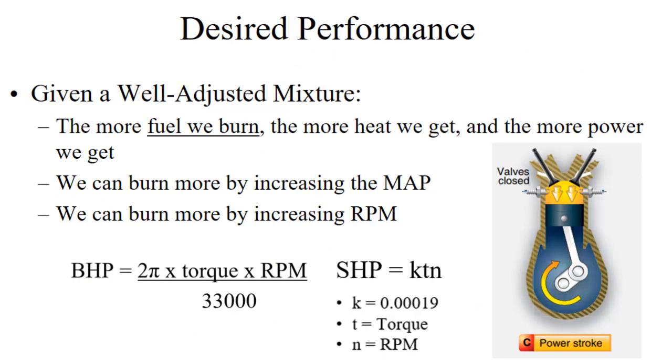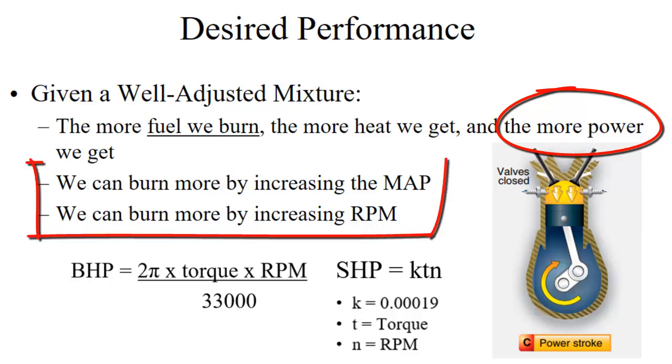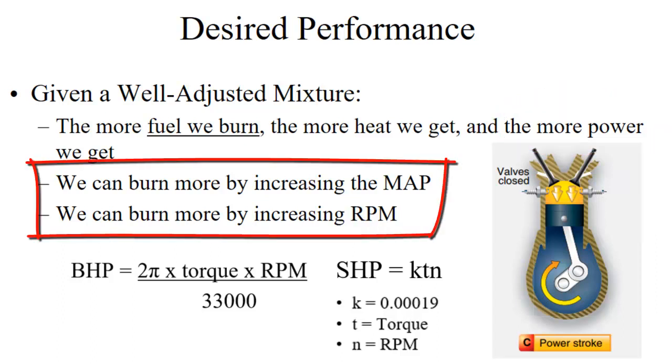So just to review here, given a well-adjusted mixture, so let's leave mixture out of the equation for a moment, the more fuel we burn in the engine, the more heat we get, and therefore the more power we get out of the engine. We can burn more by either increasing the manifold pressure, or we can burn more by increasing the RPM.